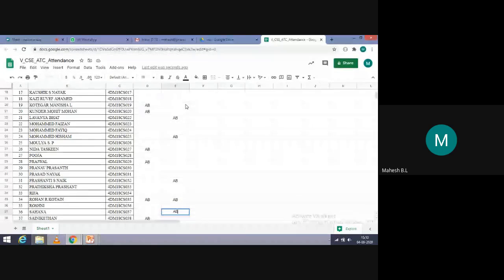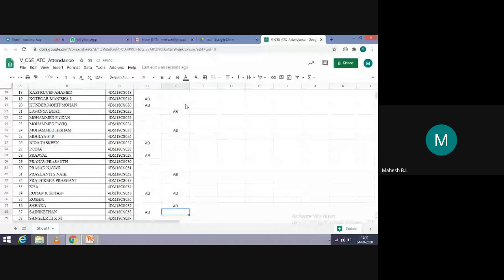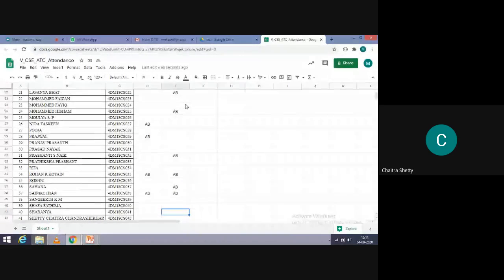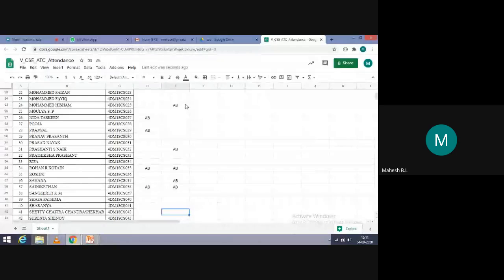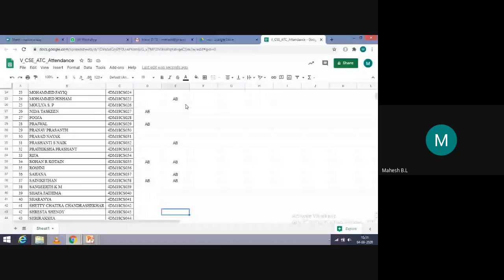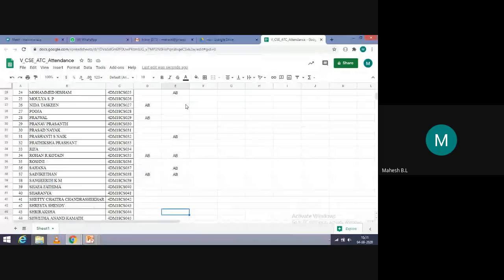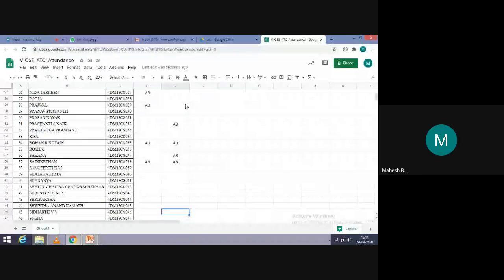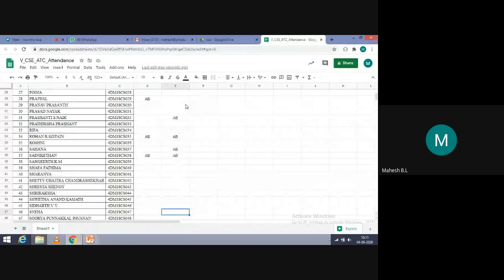Sai Niketan. Sangeet, present, sir. Safa, present, sir. Aranya, present, sir. Chaitra, present, sir. Shrestha, present, sir. Sriraksha, present, sir. Shweta, present, sir. Siddharth, present, sir. Sneha, present.